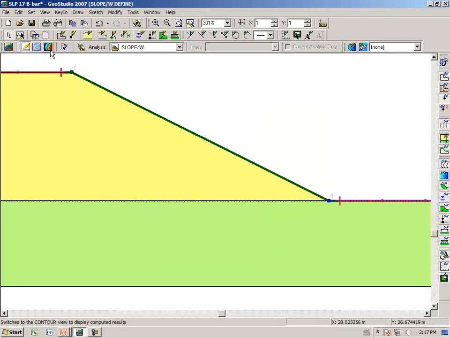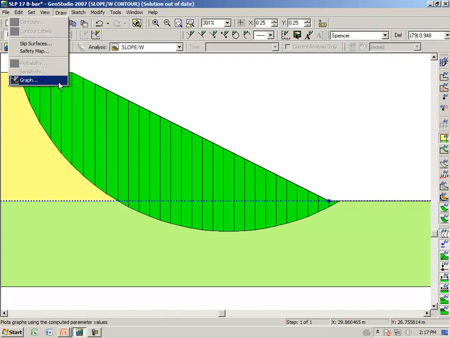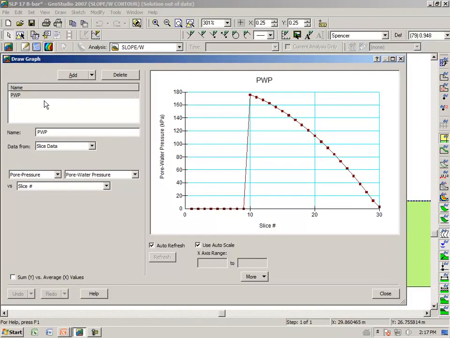Let's go to the Results view and say Draw Graph and look at the pore pressure distribution versus slice number. Notice that if I hover over these data points, I see the x-coordinate and the y-coordinate. So slice 10, slice 11, slice 12.